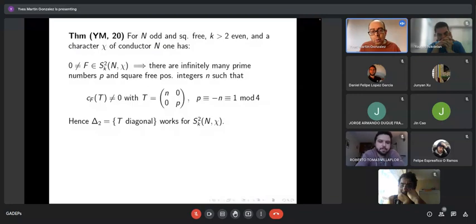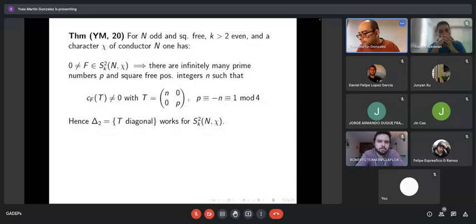But I don't know, and now I believe that maybe such a set is too good to be true. I'm not so sure, of course, but maybe diagonal matrices for an arbitrary n instead of 2 are not good enough. But I have some partial results, and I will show you those.